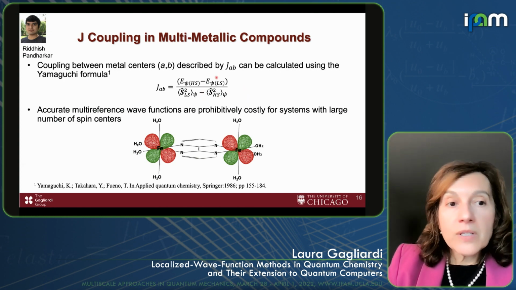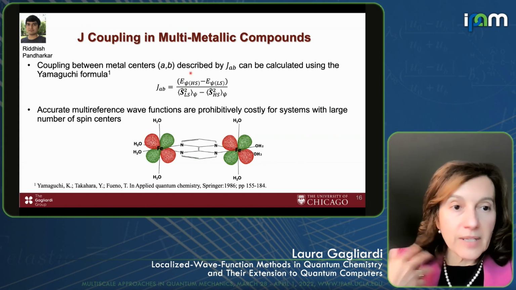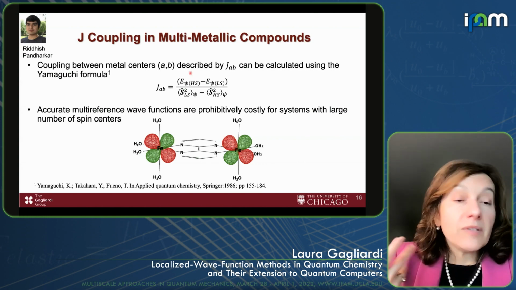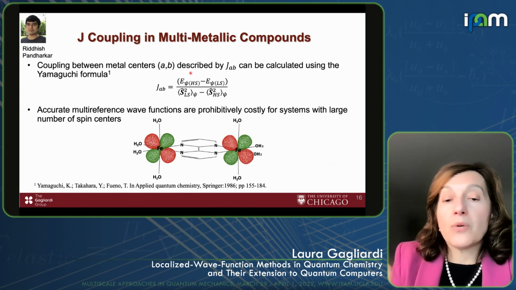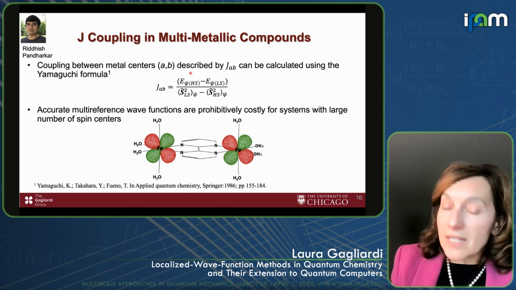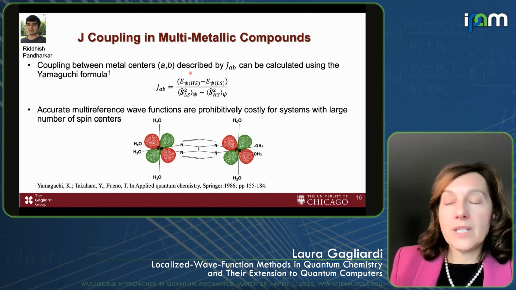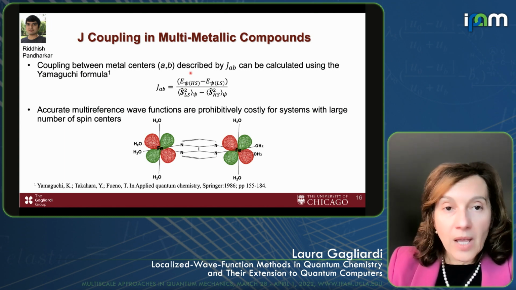And if one wants to do a full LASSCF, this is prohibitively expensive, especially, for example, already you can do two metal centers, but when you start doing three, this is out of control.